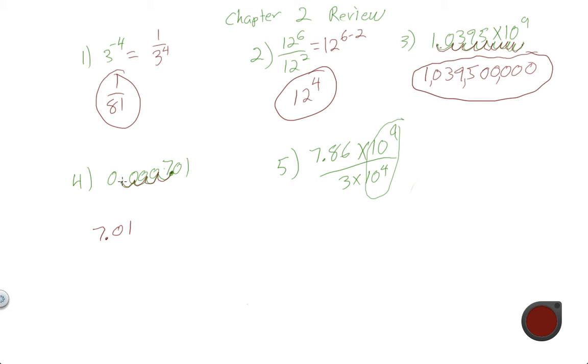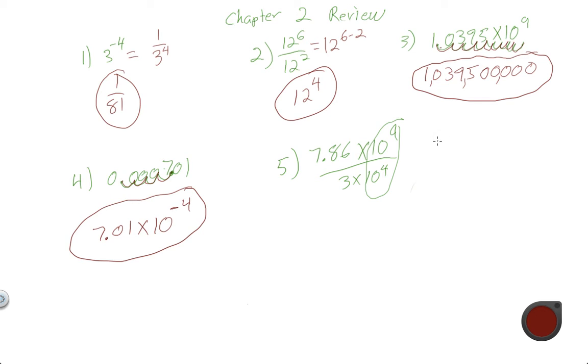We had to move from where the decimal place was 1, 2, 3, 4 times. So it's going to be times 10, not to the positive 4 though, because that would give us a bigger number. We want a pretty small number. It's going to be to the negative 4, because we're going to go this way if we were to convert it back. So 7.01 times 10 to the negative 4.